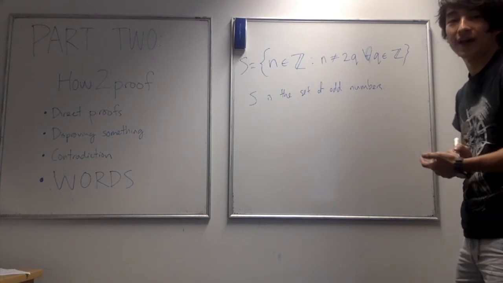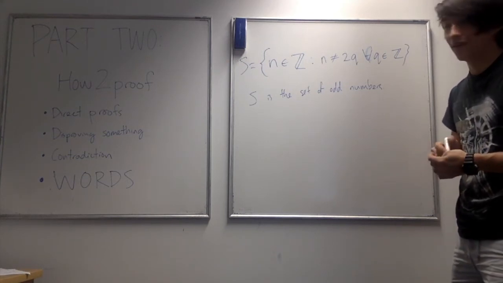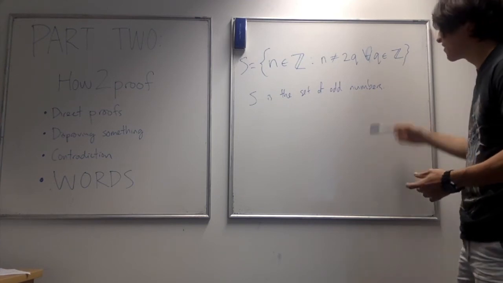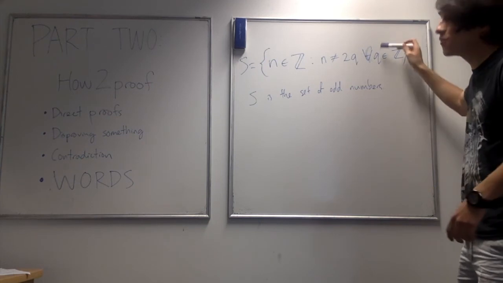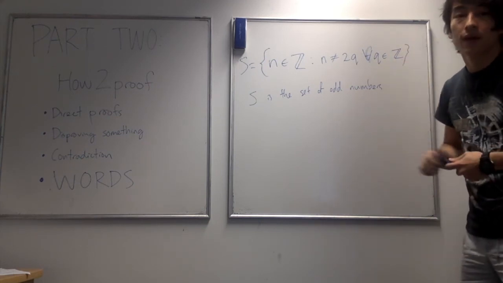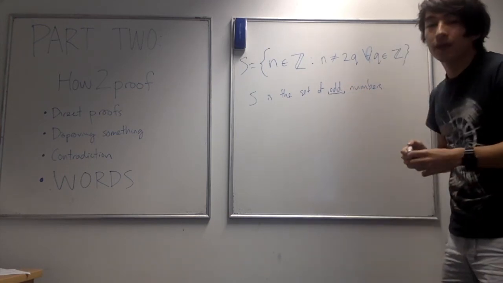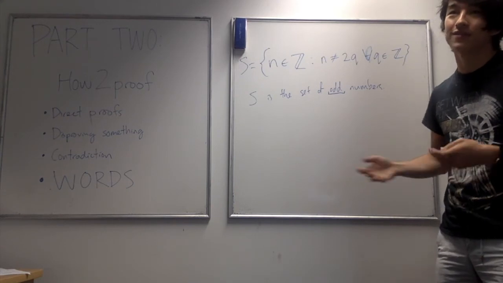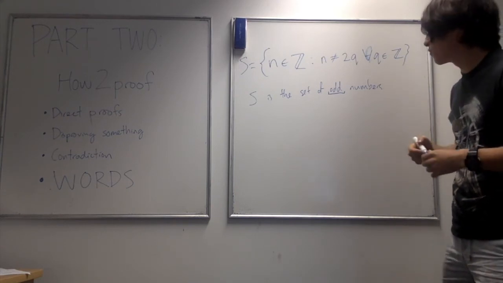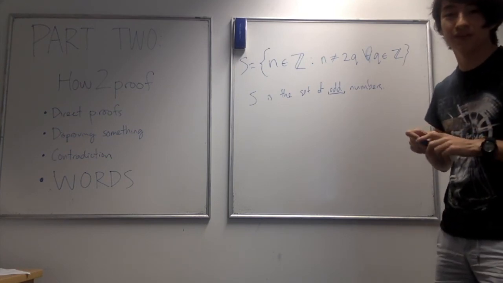Which of these is nicer to read? The top one or the second one? Pretty much everyone would agree that this is a lot nicer. They're both just as explicit as each other. And if anything, words are better, because the word odd only has one meaning, in maths at least: a number can be written in the form n equals 2q plus 1 for some q in the integers.